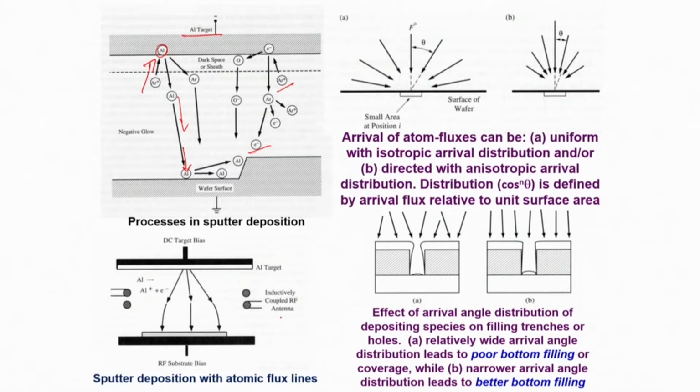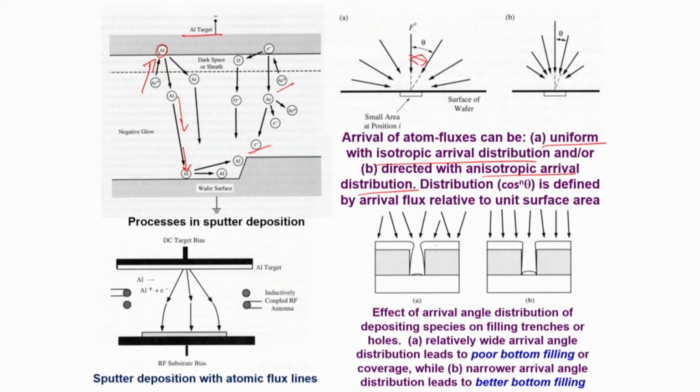So what is important is that this angle theta at which the species is arriving is important. So they can be uniform with isotropic arrival distribution, or they can be directed with anisotropic arrival distribution. So that means in certain cases I want normal deposition with certain area coverage, or I can make it an inclined arrival at an angle, and there the deposition will be different, and that may be required in a situation like this.